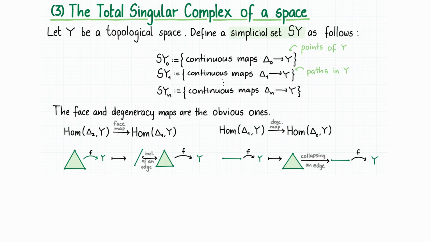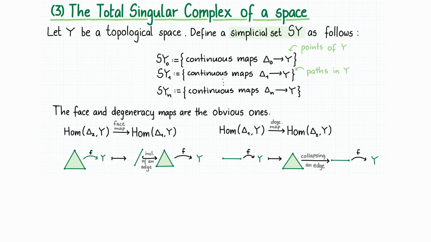The zero simplices are continuous maps from the standard zero simplex to Y, and the standard zero simplex was just a point, so these are just points of Y. The one simplices are continuous maps from the standard one simplex to Y, and the standard one simplex was an interval, so these are just paths in Y. Similarly, in this fashion, you can define SYn. And the phase and degeneracy maps are the obvious ones.